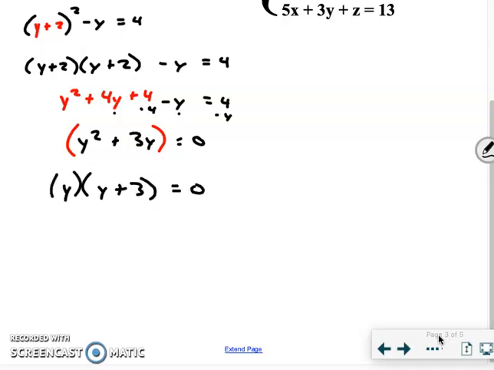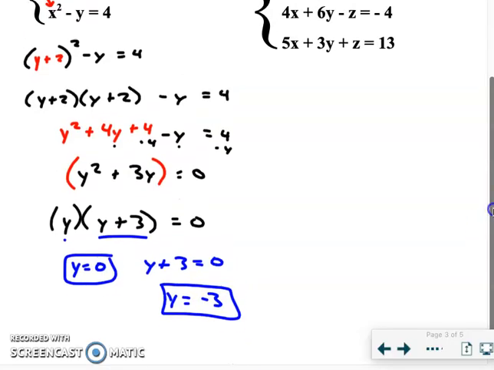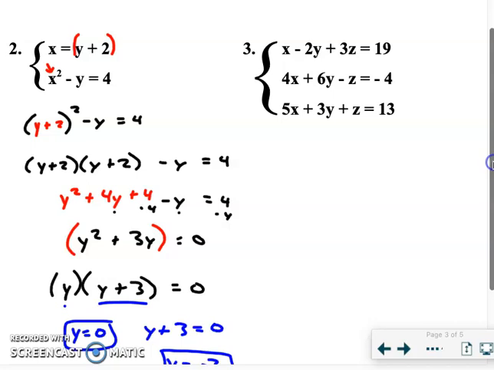And now we are where we want to be, in the sense that I can say that y is equal to 0. I can also say that y plus 3 is equal to 0, which tells me that y equals negative 3.